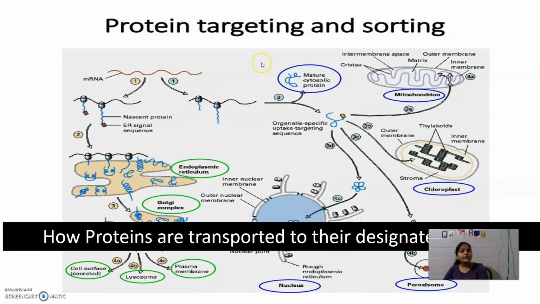The ribosomes which are free in the cytoplasm result in the formation of mature cytoplasmic proteins, which will have some specific uptake targeting sequence which will tell it whether it has to go into the mitochondria, chloroplast, peroxisome or back into the nucleus. And the other type of ribosomes, which are attached to the ER, synthesize a specific type of ER signal sequence.